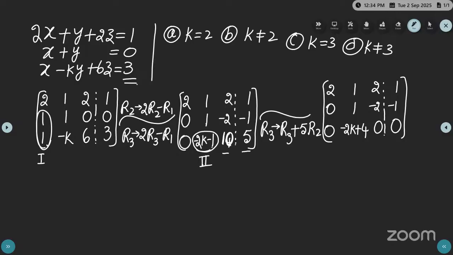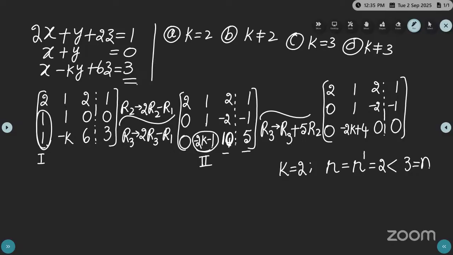Write down: if k equals 2, then rank of coefficient matrix equals rank of augmented matrix, equal to 2, which is less than 3, equal to n.